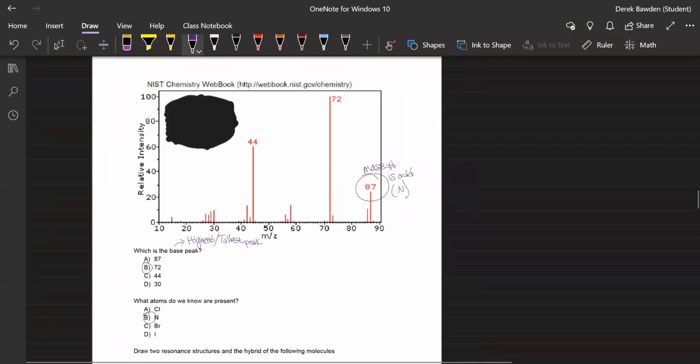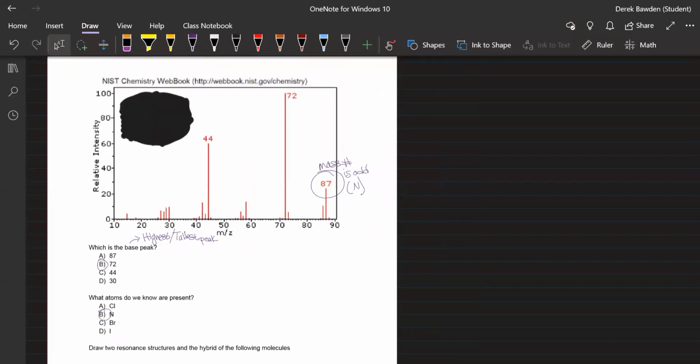Okay, so we have a mass number. We know we have a nitrogen. Let's try to draw this thing. All right, so we need to have our molecule weigh roughly, right, it needs to get to 87. Does anyone know how much nitrogen weighs?